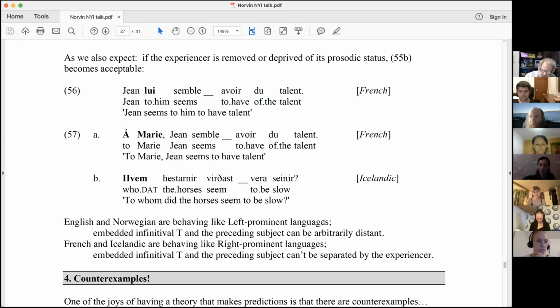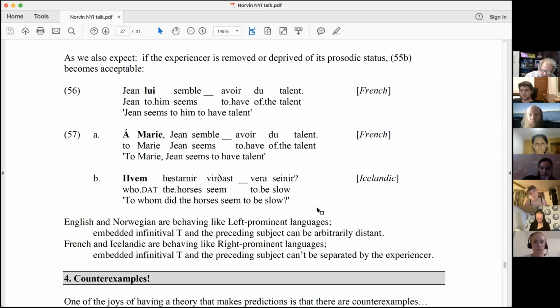And this follows in this account. Once you've WH moved who in 57, the horses are now contiguous with both the matrix T and the embedded T in Icelandic. You've gotten rid of the only phrase that was intervening between them. This was a problem for classic accounts. It looks sort of countercyclic.